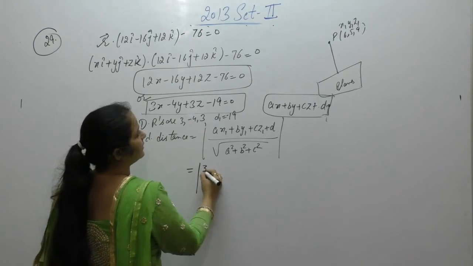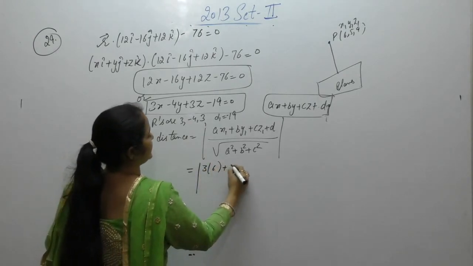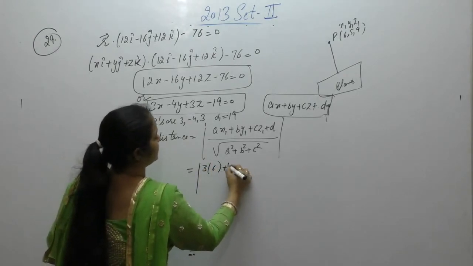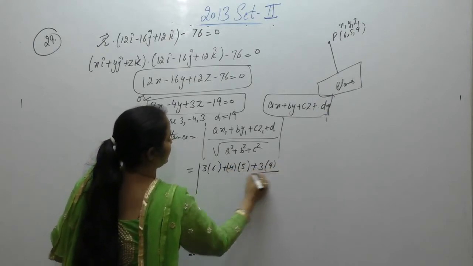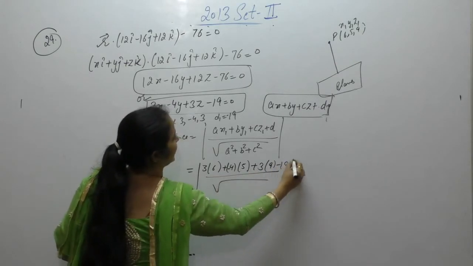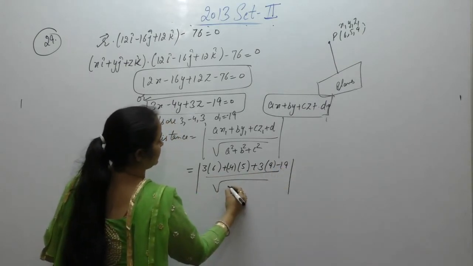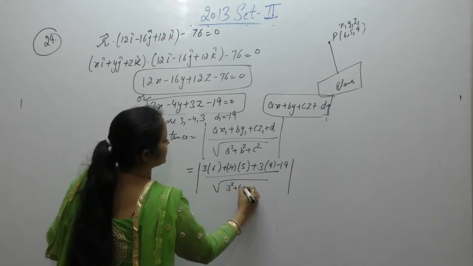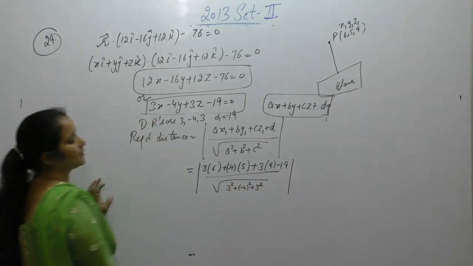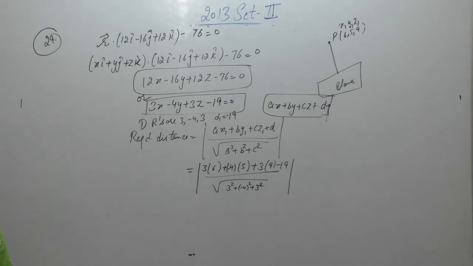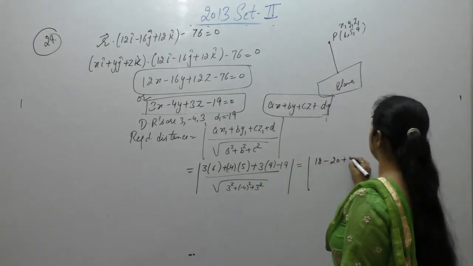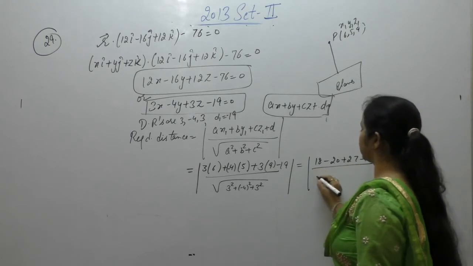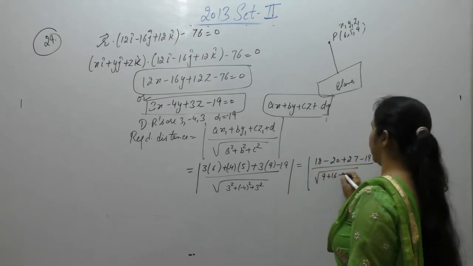a is 3, x1 is 6, b is minus 4 and y1 is 5, 3 into 9 minus 19. Now a square, 3 square, minus 4 square, plus 3 square. 6 into 3 is 18, minus 20, plus 27 minus 19.